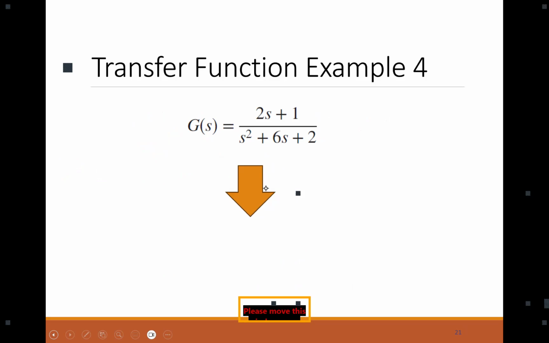That was the Laplace transform of this third order differential operator.